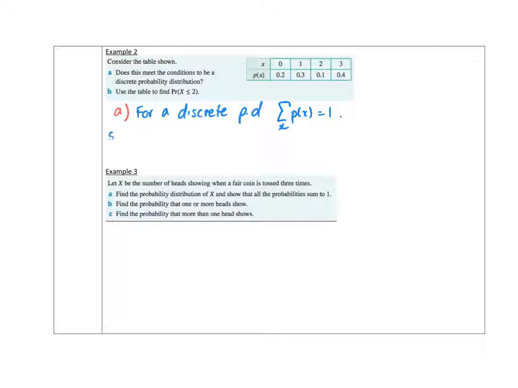Now, since 0.2 plus 0.3 plus 0.1 plus 0.4 equals 1, this does satisfy the necessary conditions.